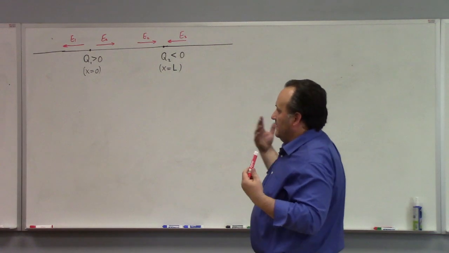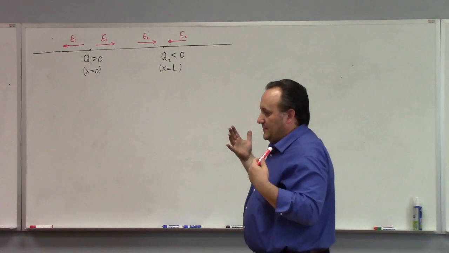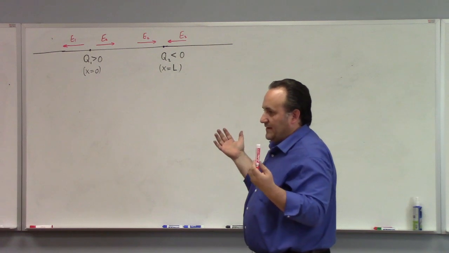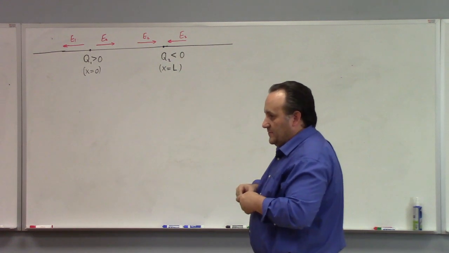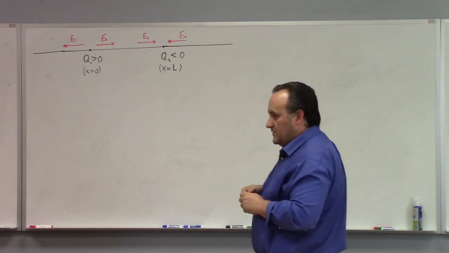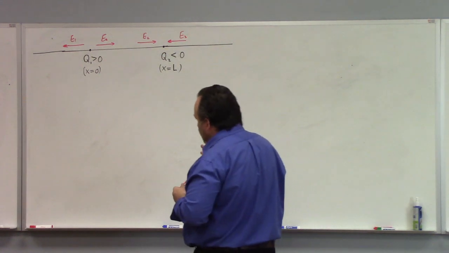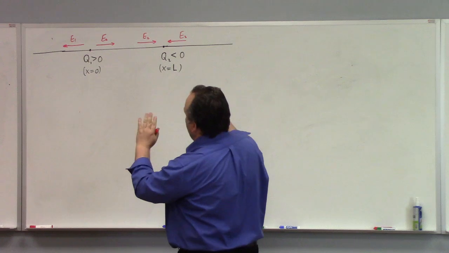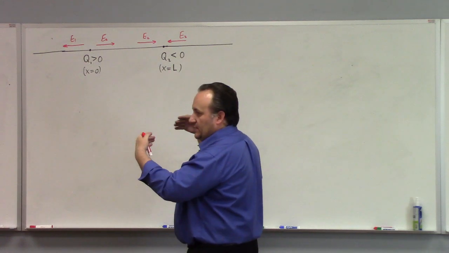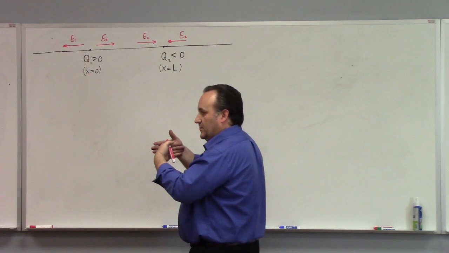This is just the electric field side of the statement that like charges repel and unlike charges attract, because we think about positive test charges always. So anyway, is there any scenario here where they can cancel out to give us an equilibrium?